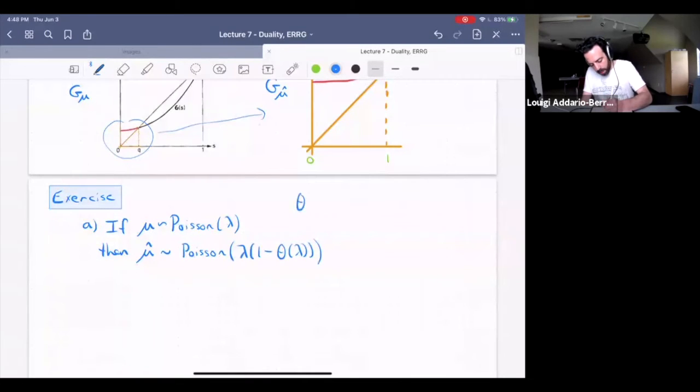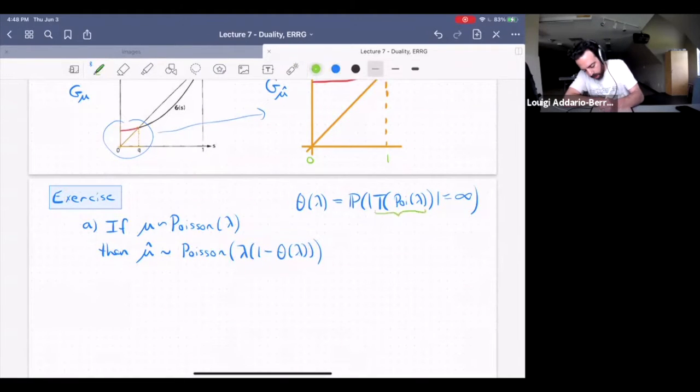Remember, theta of lambda was the probability that a Poisson lambda branching tree was infinite. So this is really just lambda times the extinction probability. This is notation I'll use in this lecture and possibly the next one to mean a branching tree with offspring distribution mu being Poisson lambda.